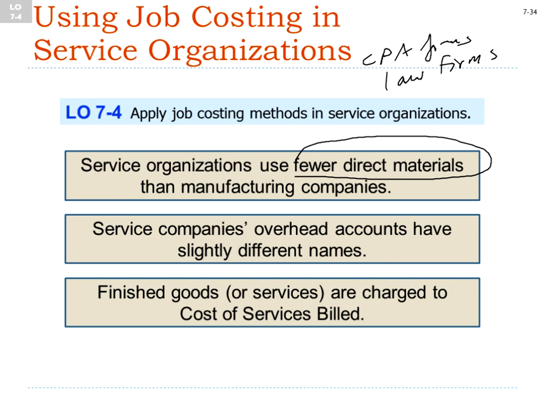Now they are going to have overhead accounts also, but those are going to have different names, and also you're not going to have a finished goods account. You're going to have an account called cost of services billed. So they're the same concepts, but they have a few different names, and also be aware that there's going to be fewer direct materials, and understandably so.